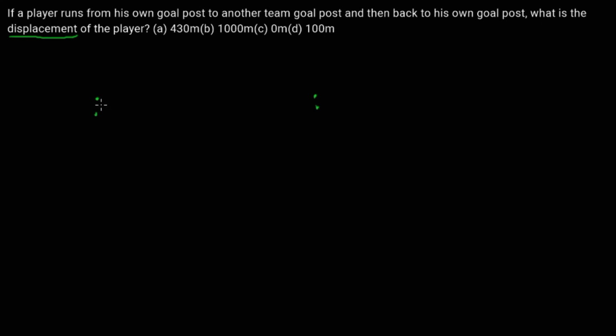A player runs from this point, then he returns to his goal post. So the player left from this point to this point and eventually he returned to this point.